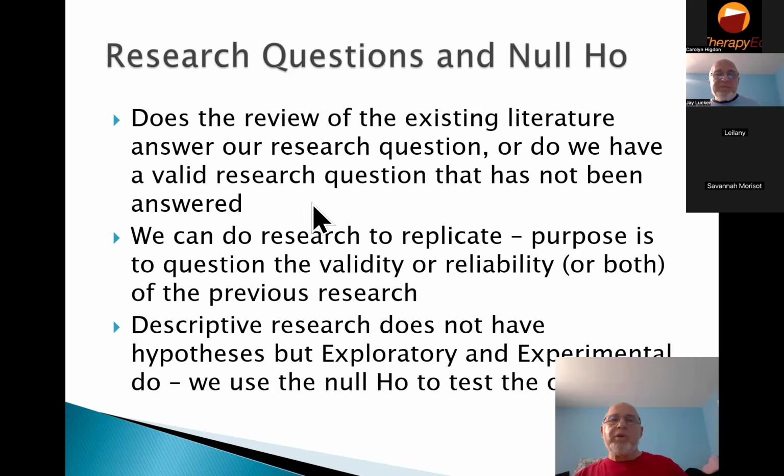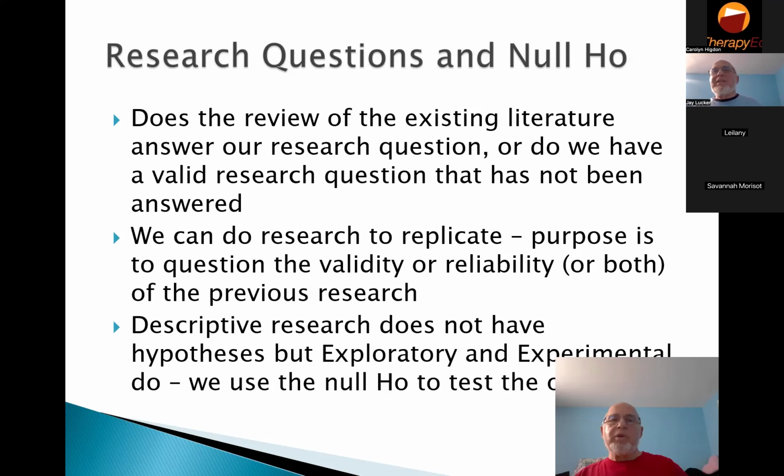It all depends. In terms of the null hypothesis, there is no difference. There's something called descriptive research. When you do research that just describes things, there typically is no null hypothesis.